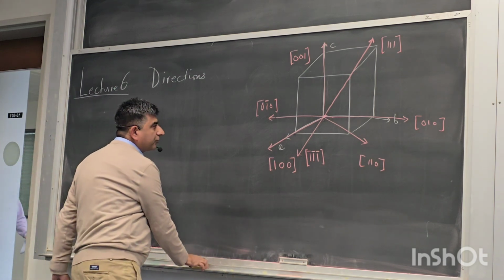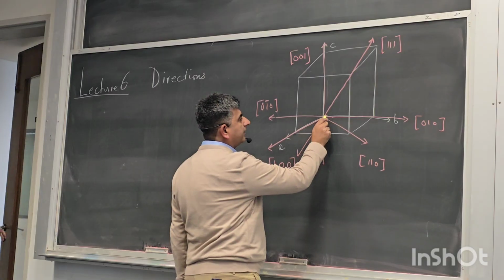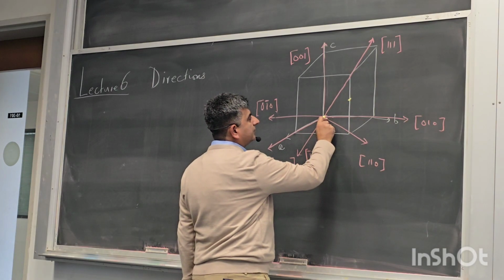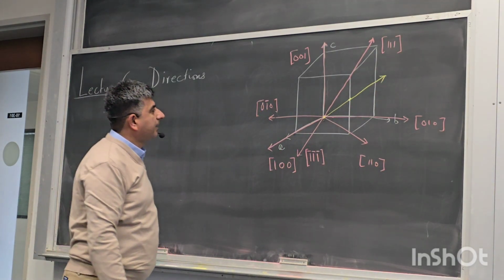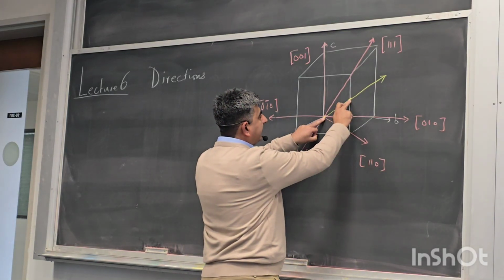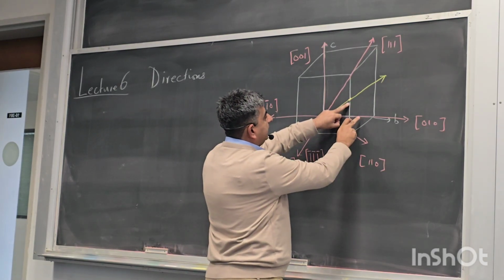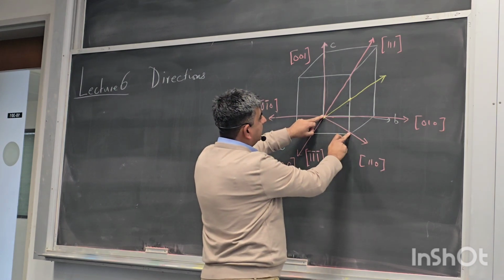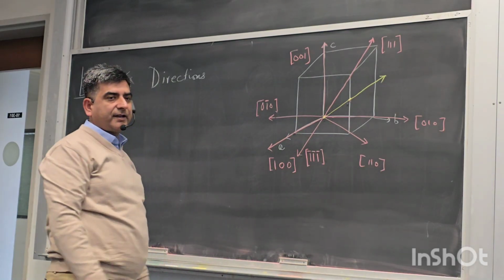If I were to look at a direction that originates at the origin and say intersects this edge at 1/2, then this direction would be represented by: the intercept with the A axis is at 1, the intercept with the B axis is at 1/2, and the intercept with the C axis is at 1/2.